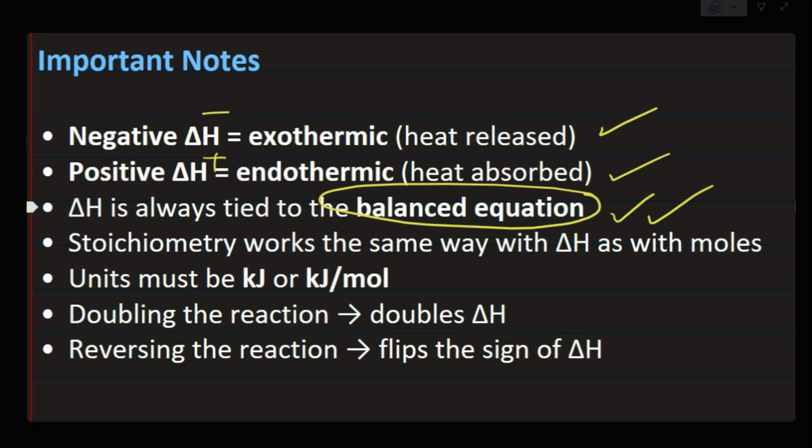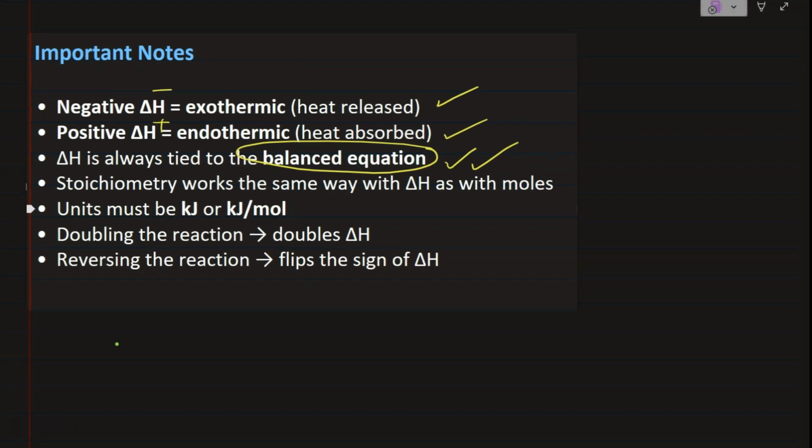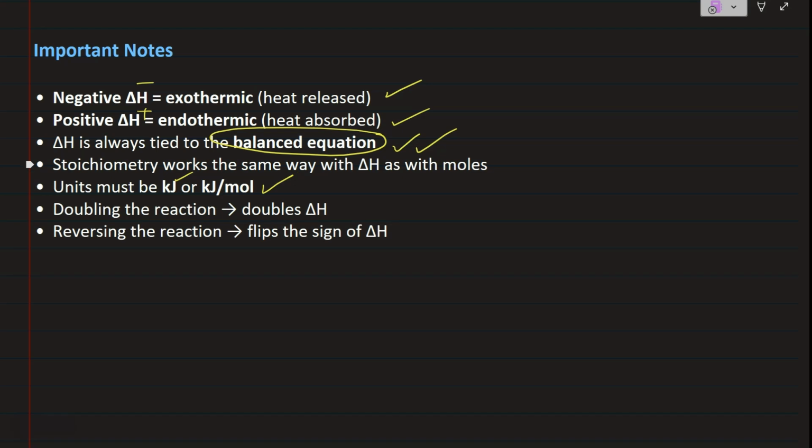And whenever you're dealing with delta H, if it's moles, you must use moles. And remember, the unit of delta H matters. If it's based on mass, then you have to use the phase equation that is based on mass. Units must be kilojoules or kilojoules per mole.